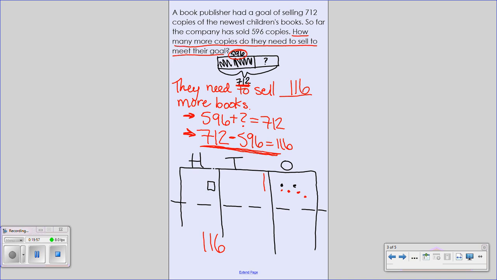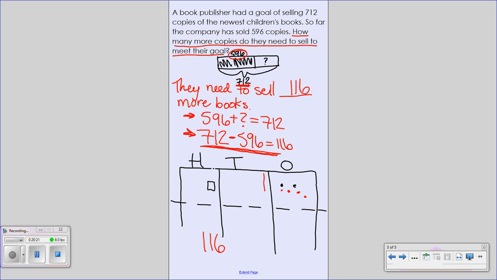Now let's see if our answer is reasonable. We did a 3-digit number subtract a 3-digit number. Did we end up with a big number or a little number? A little number. Does that make sense when we subtract? Yes. Okay. Did we get a 4-digit number? No, that wouldn't make sense.